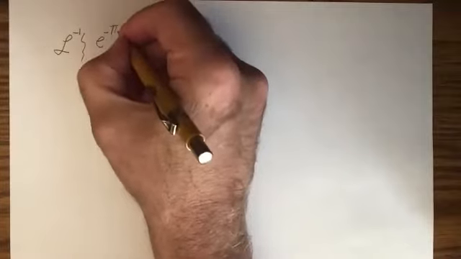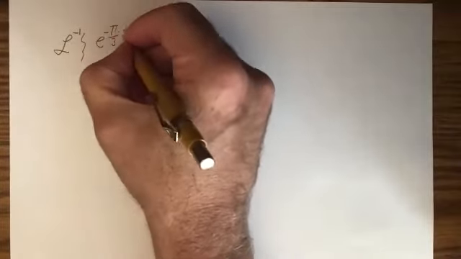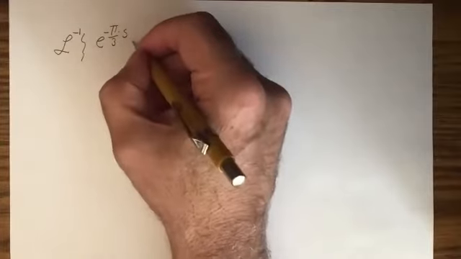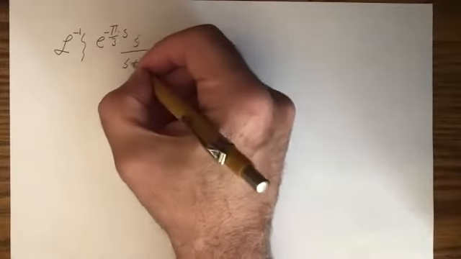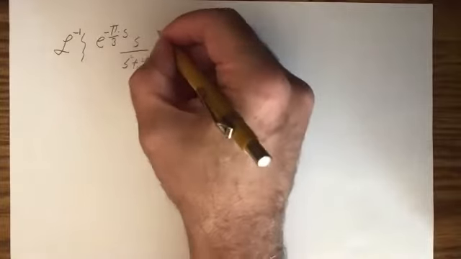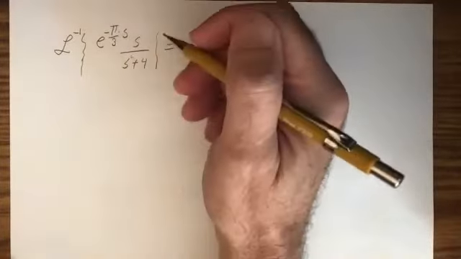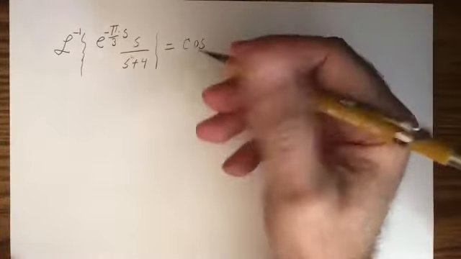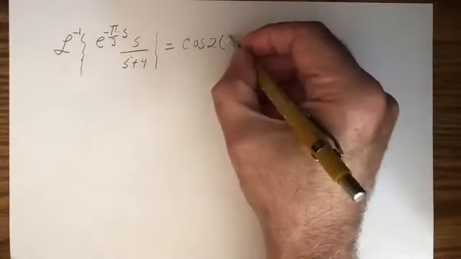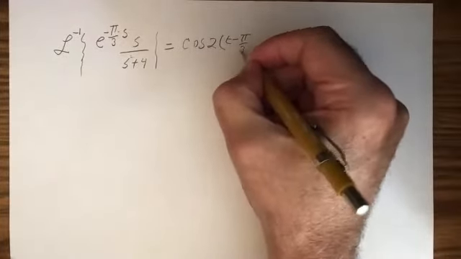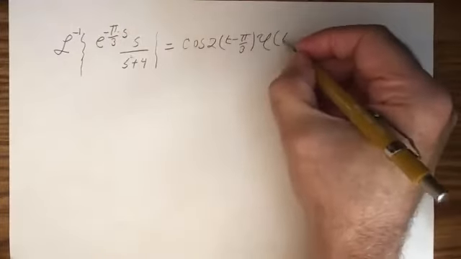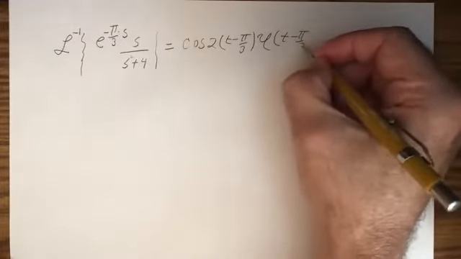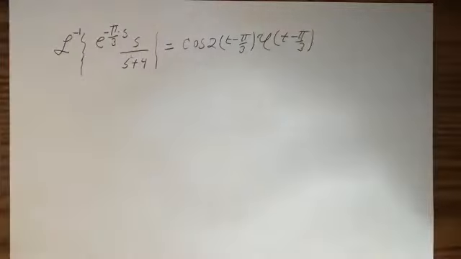The inverse Laplace transform of e to the minus pi over 3s times s over s squared plus 4 turns out to be cosine of 2 times t minus pi over 3, times the unit step function at t minus pi over 3.